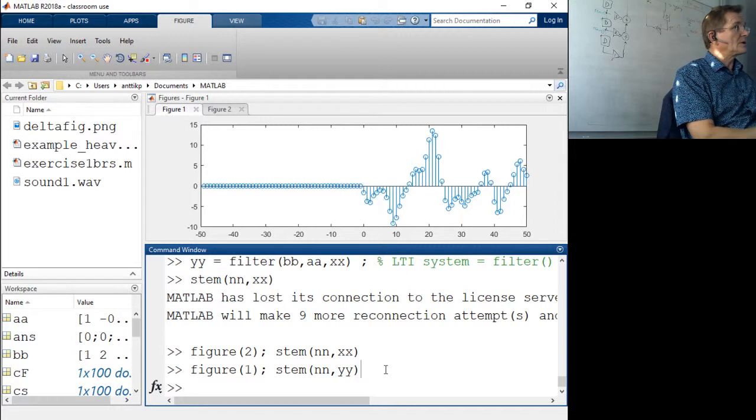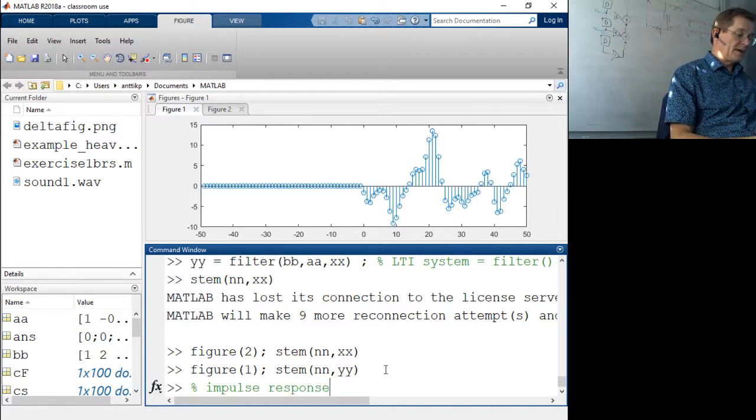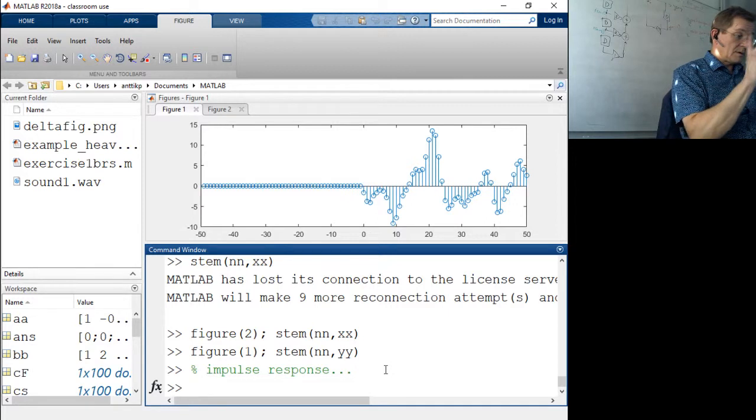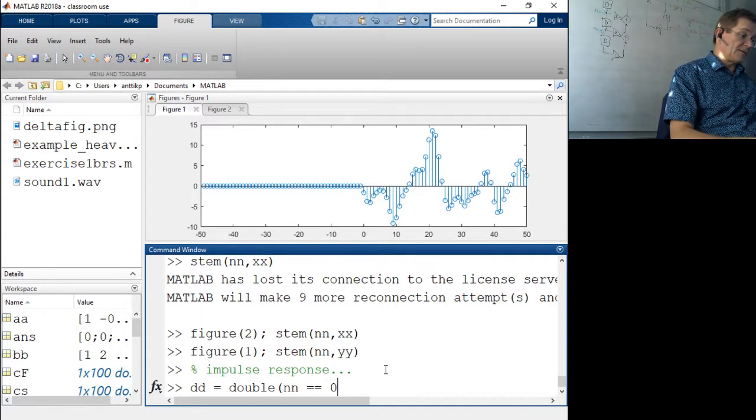What I could also calculate now is the impulse response, which is the third exercise. Impulse response. So I have that n, and I can do delta simply same as in the first exercise.